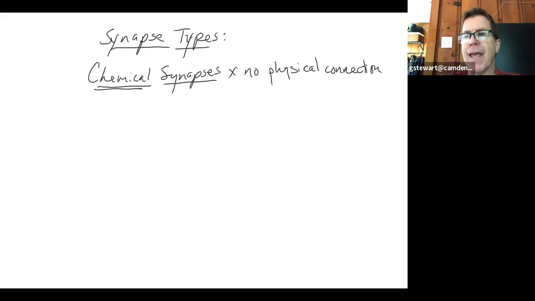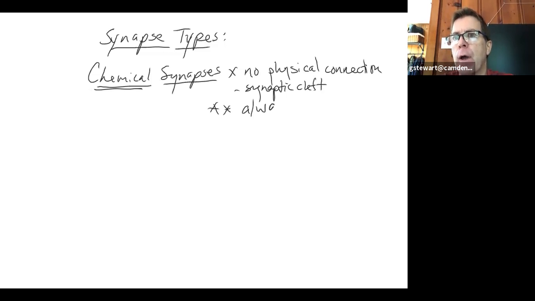There's always a synaptic cleft, that space that the neurotransmitter has to diffuse across, and double star, communication is always unidirectional.